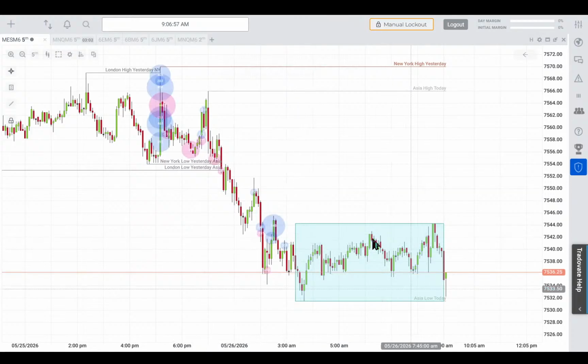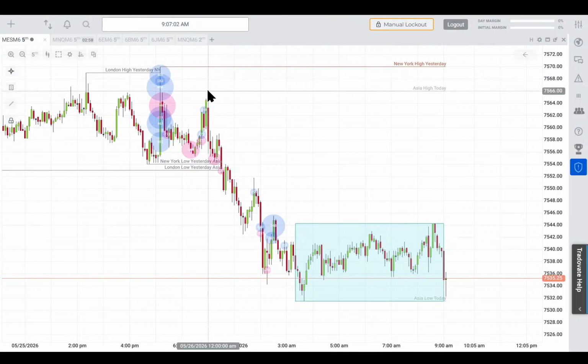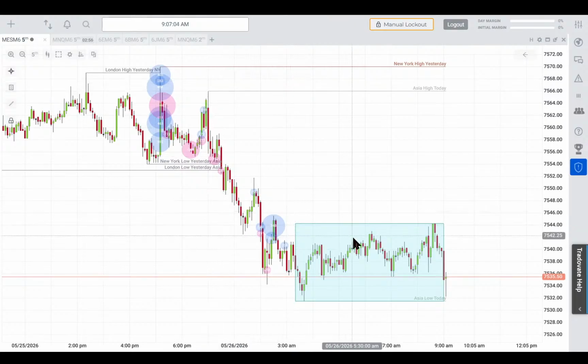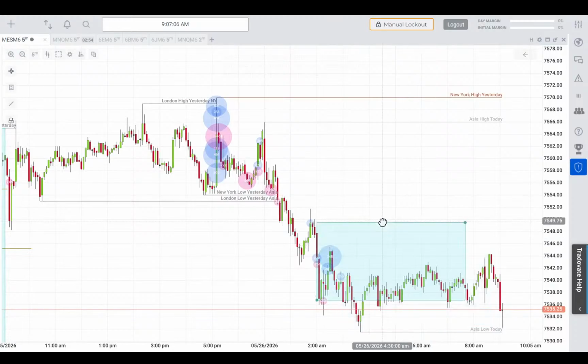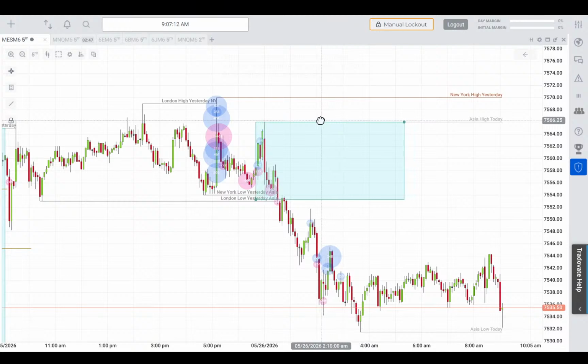I mean, this small range looks good, but in reality, the Asia high here today is actually, this is actually correct. So we can, I'm not doing this because I want to see the spike, so I do like this.